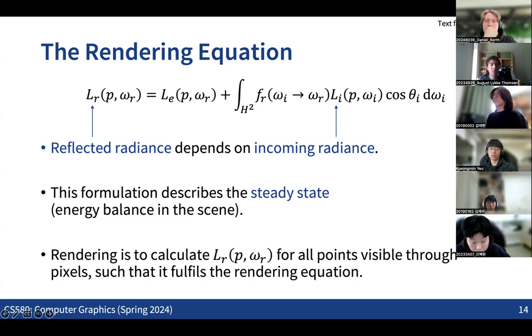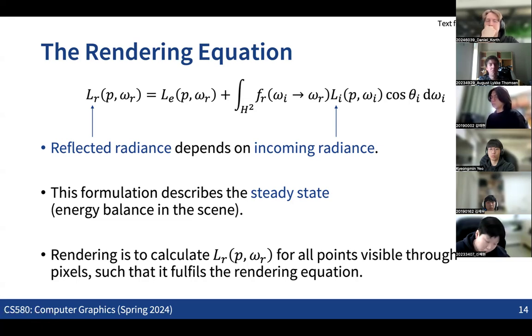As you can see, we're going to get into more details about how exactly we can calculate all of this in the ray tracing pipeline. As you can guess, this is quite a complicated process. The key thing is how we can calculate this integral here. The rendering equation is all about computing this integral.